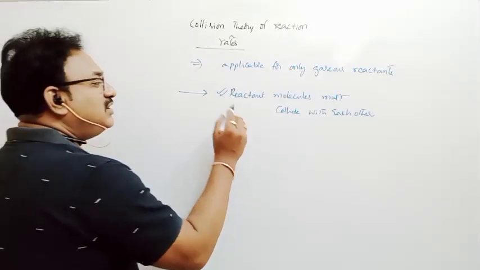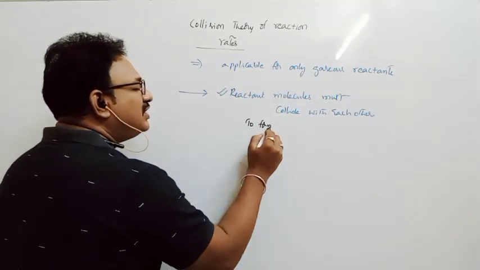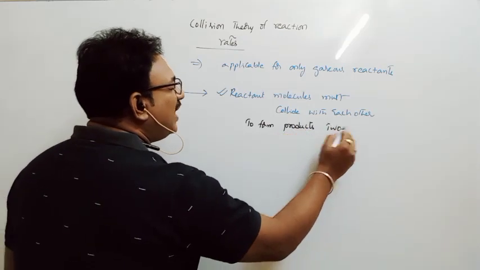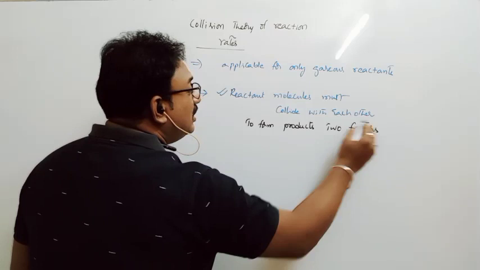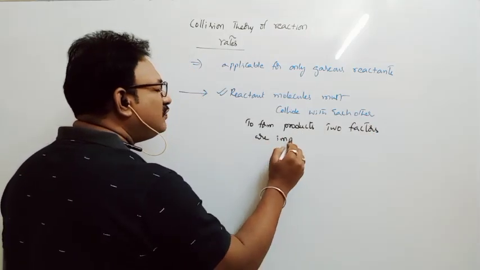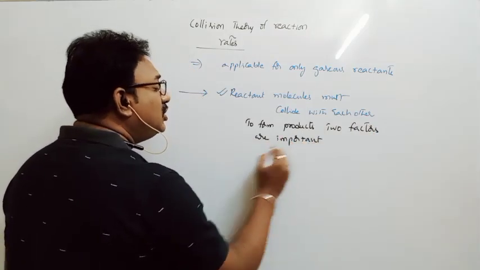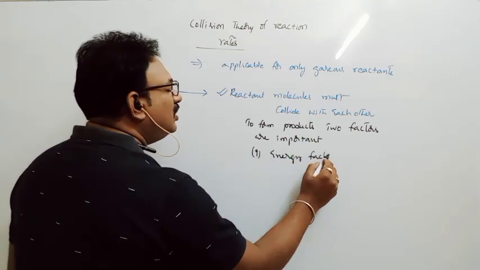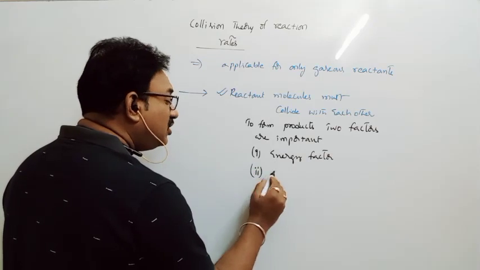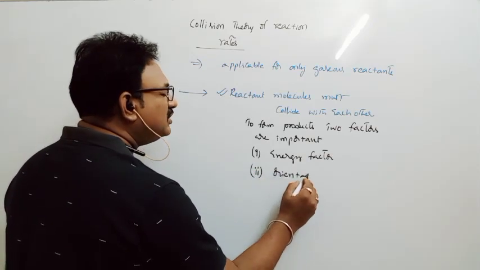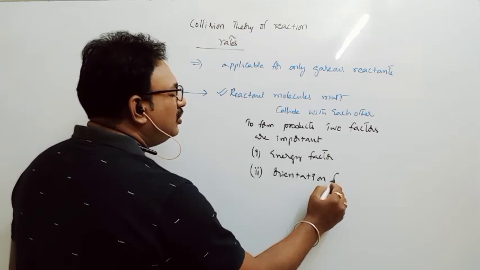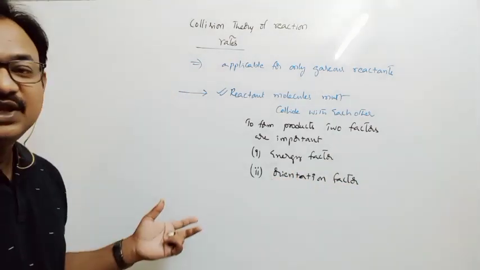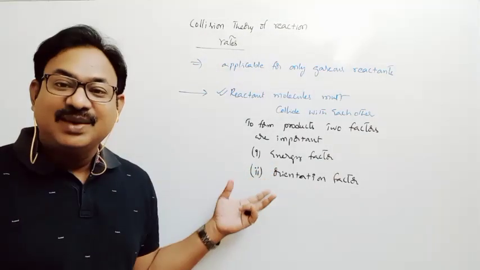Okay, see, to form products, two factors are important. So one is energy factor. Second one is orientation factor. First is energy factor and the second one is orientation factor. Okay, let me go through in detail about these two.